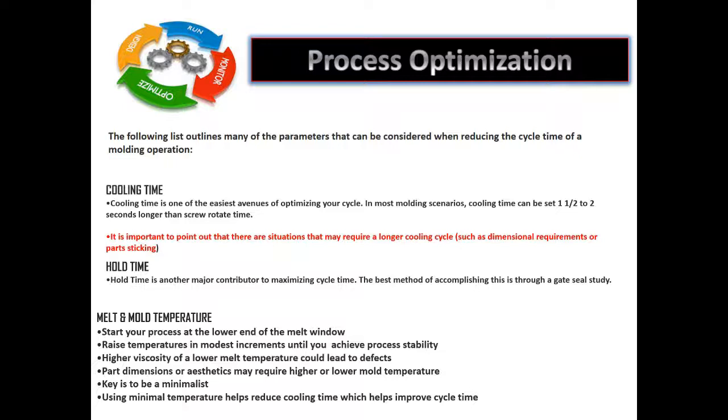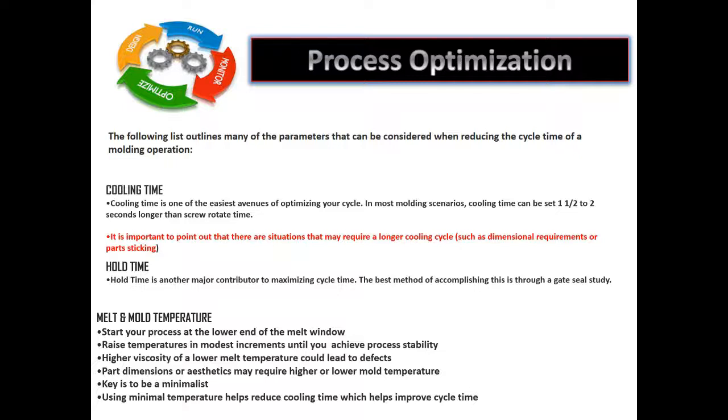So if they give you a melt temperature of 500 degrees, then you know you can go as low as 475, and that's where you're going to start. In addition, if you know that your mold temperature can start as low as 120, then you're going to start at the low end on both melt and mold temperature.